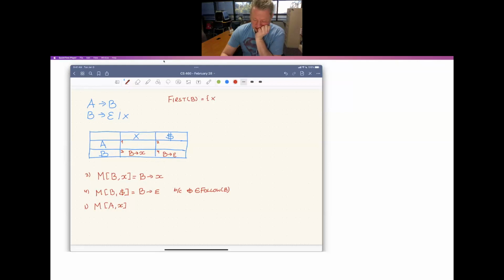So it's x and epsilon, right? And remember, a goes to alpha. M of a comma little a is a goes to alpha for all a in the first of alpha minus epsilon. So there's still that x left. So therefore we get a goes to b there.